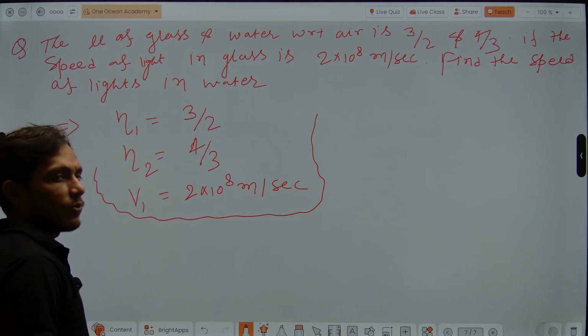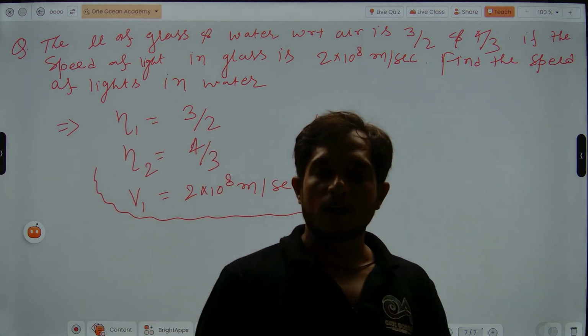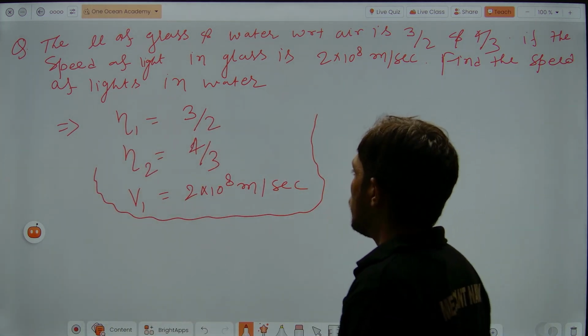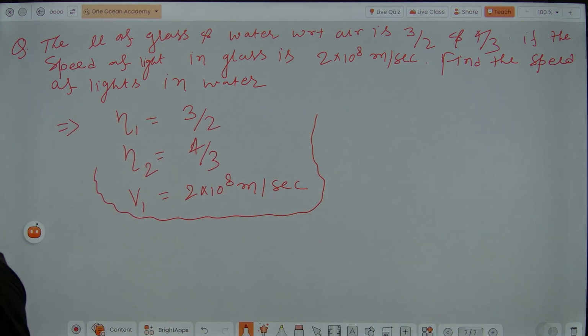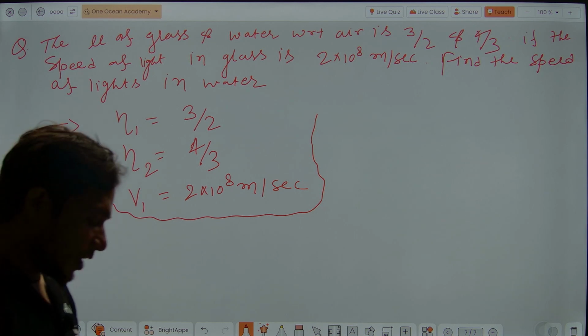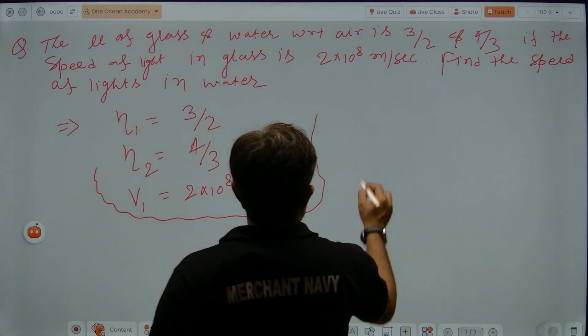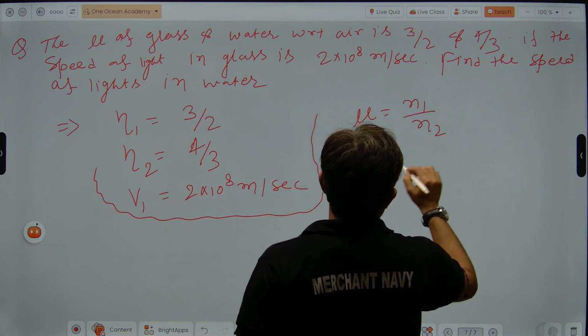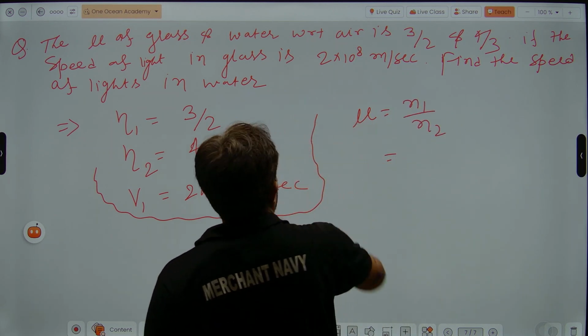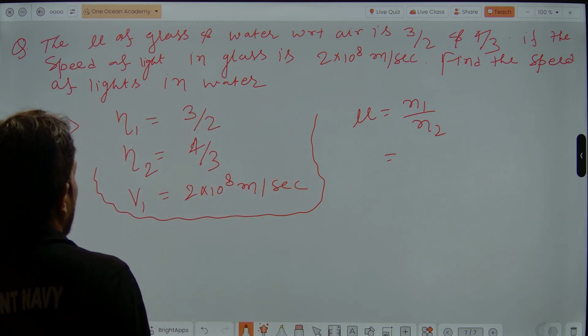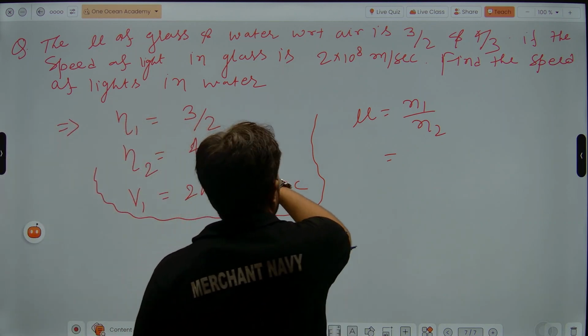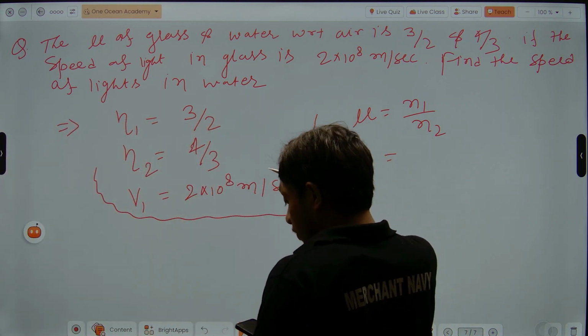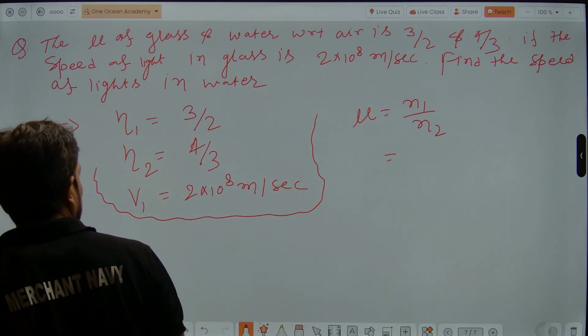Okay. So, after having all these things, you need to calculate the speed of light in medium second. What we know is that mu is equal to n1 upon n2. That means the combined refractive index of the glass and water.